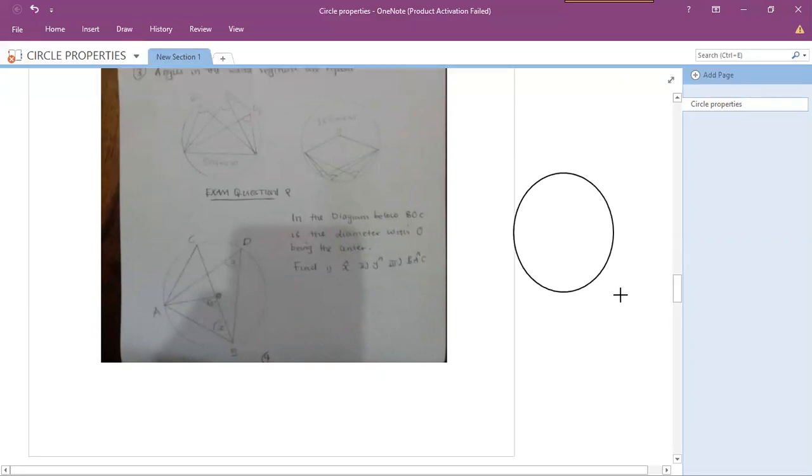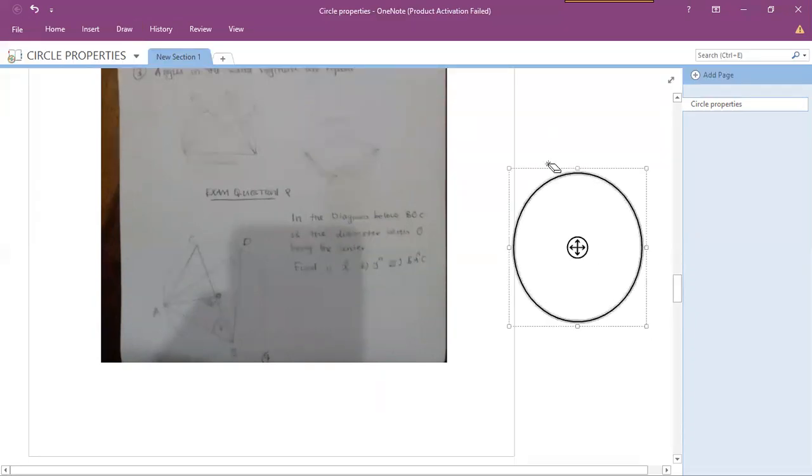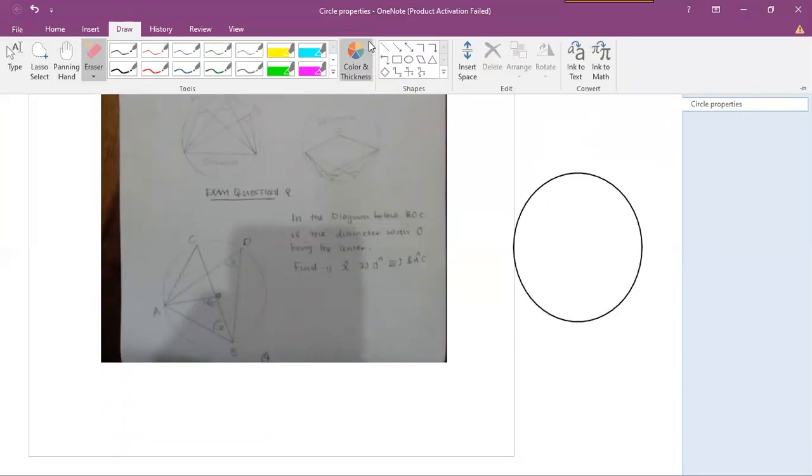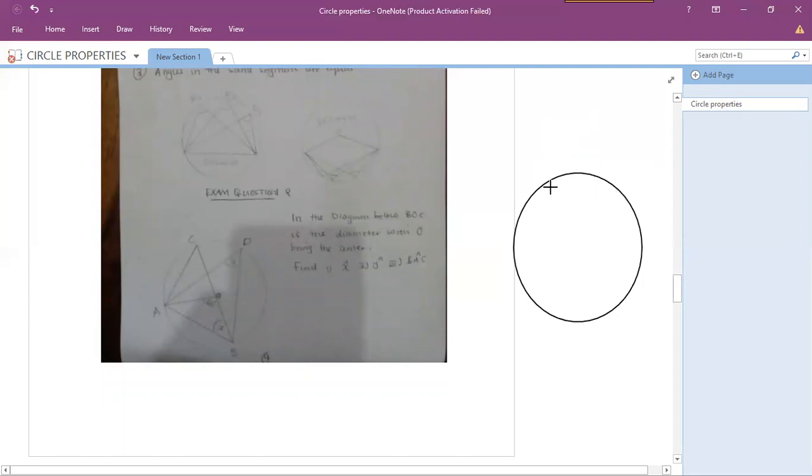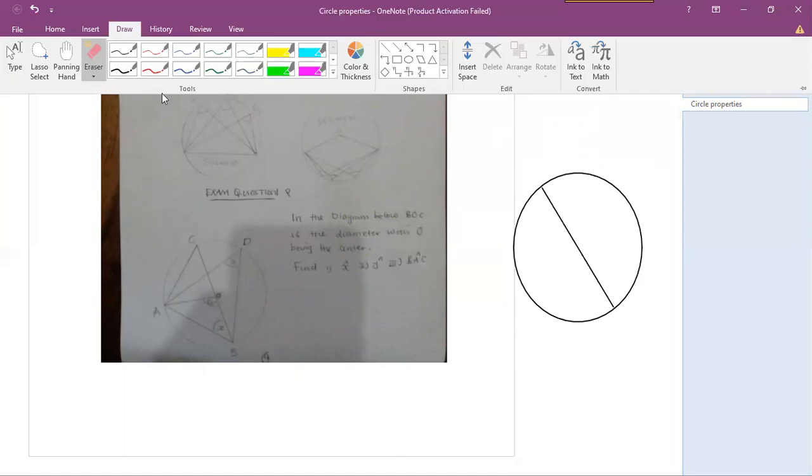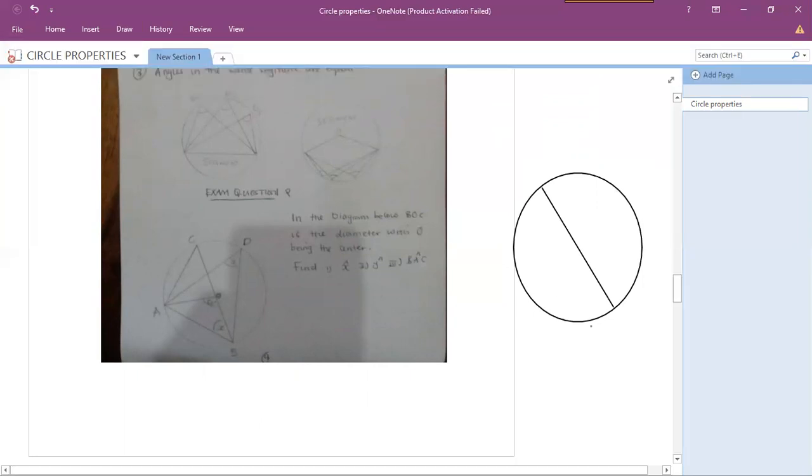Again, I didn't realize that this faint pen is going to end up looking like this during the presentation. So I've got a diameter here, and they are calling this diameter BOA. So let's identify that diameter as BO, which is at the center, and BOC.